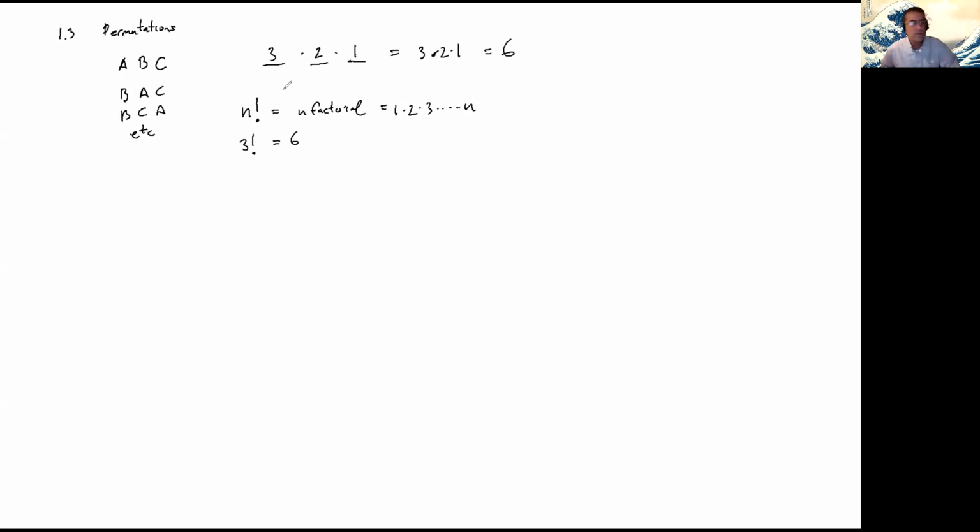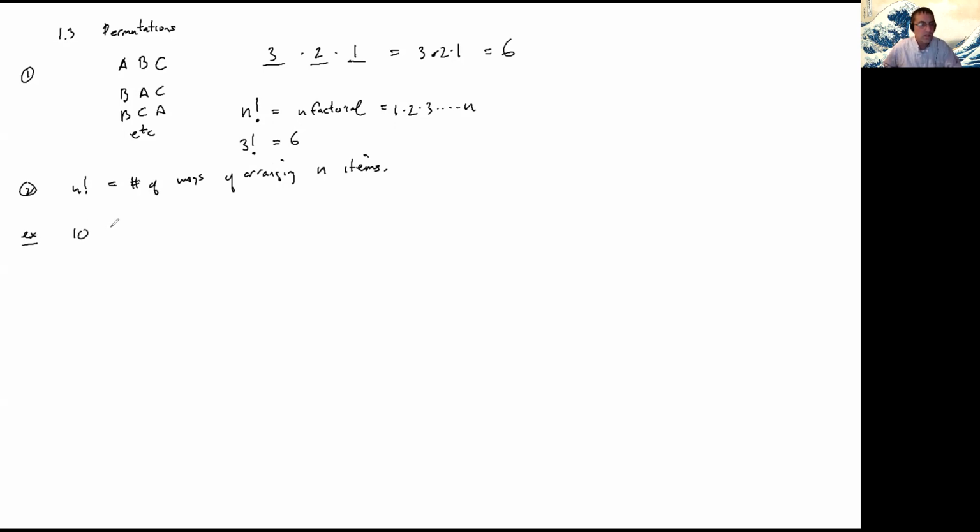So in fact, what does n factorial solve? N factorial is the number of ways of arranging n items. So for example, let's do an example.